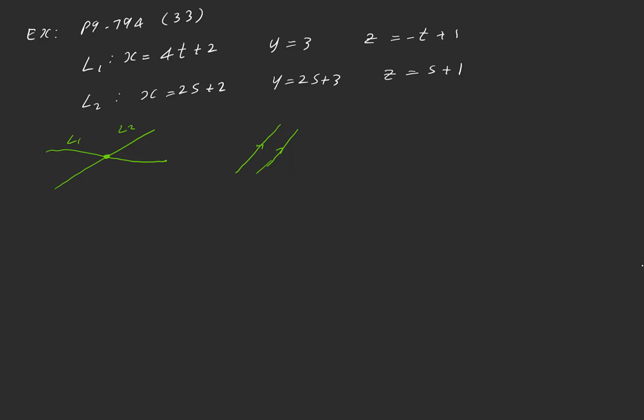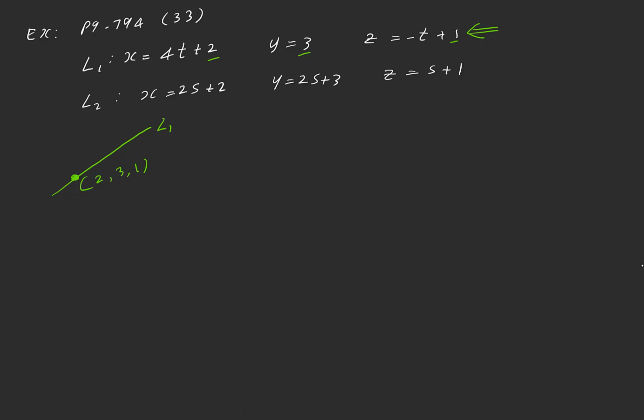So how do we check whether these two lines are parallel? First, let me explain these two lines. We have L1, with x, y, z given. What information can we get? We know a point on the line, the coordinates of x, y, z, which is 2, 3, 1.